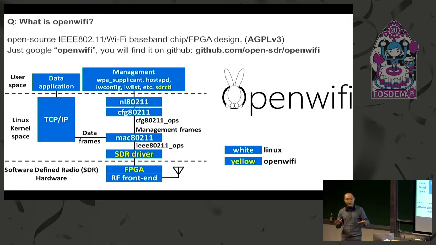Before this project, I think many people only had one choice, use some commercial Wi-Fi chip. But after this project, you have one more choice, open source Wi-Fi chip. But in this phase, it's not a real Wi-Fi chip yet.